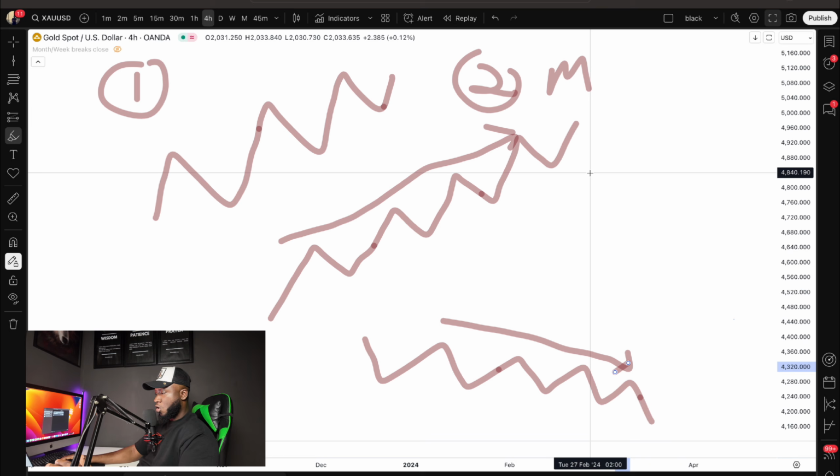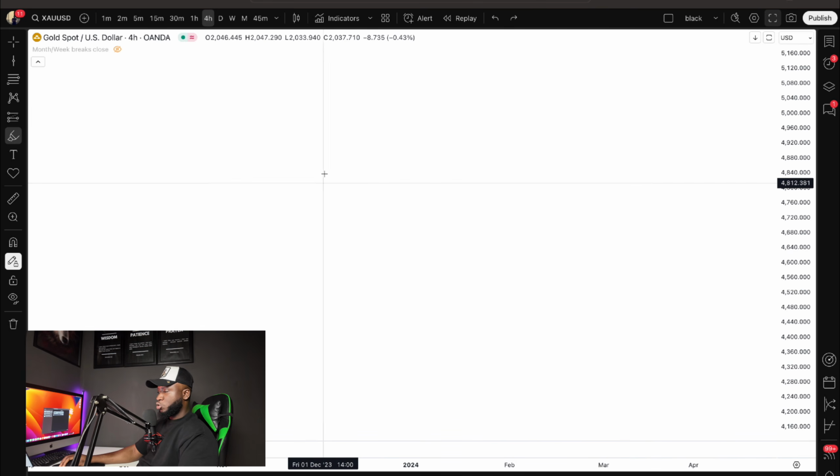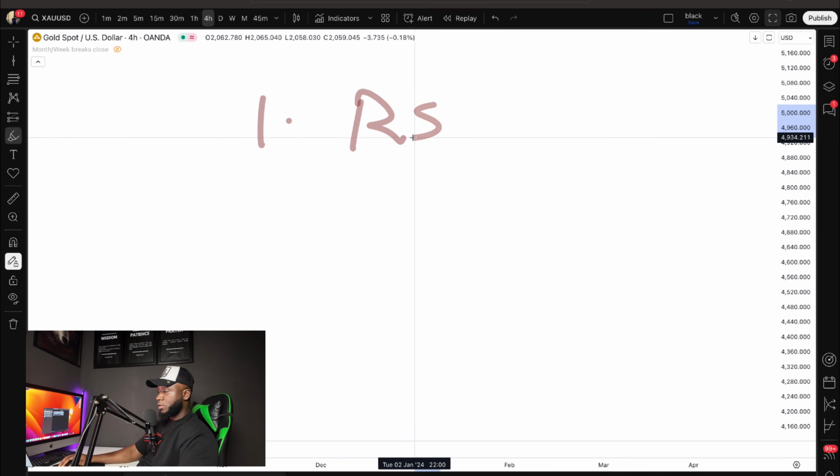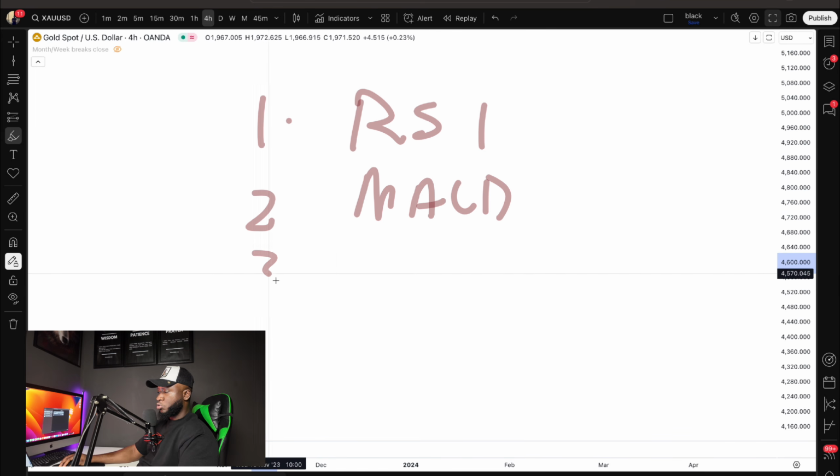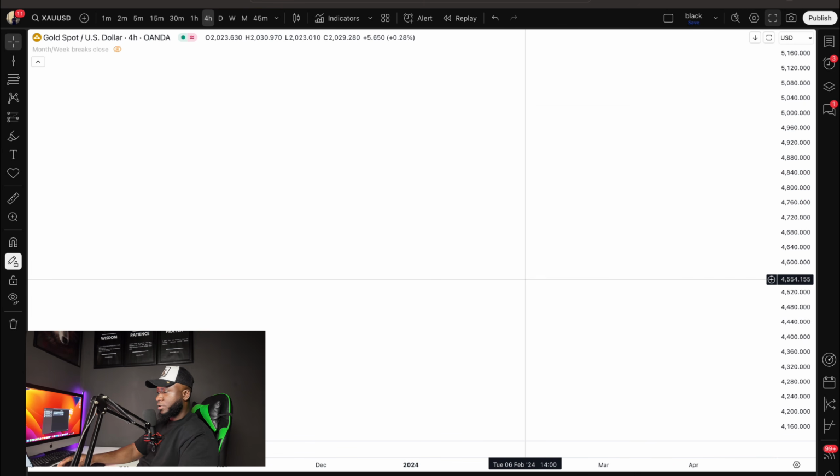This is divergence on the chart. Some of the momentum indicators we can use are, one, the RSI indicator, two, the MACD indicator, and three, the stochastic. But what I'm going to teach you, we're going to ignore all and just focus on the RSI. So let's just use the RSI and the market direction.